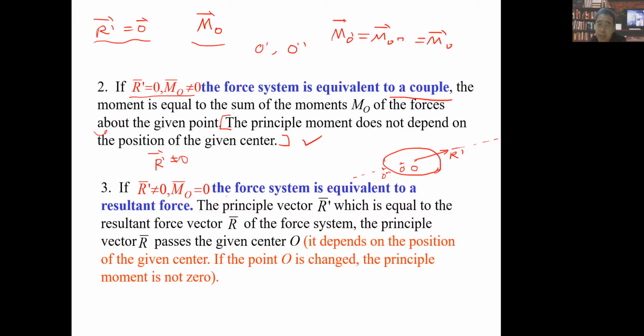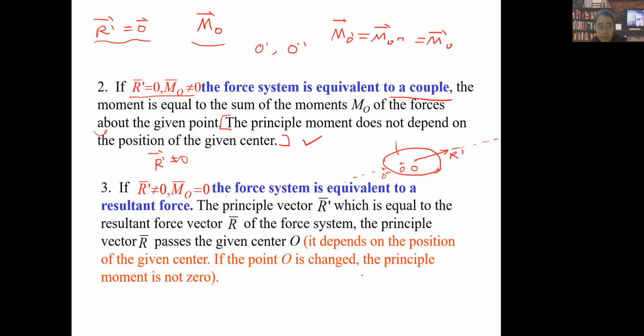And according to the theorem we have learned, under the rigid body assumption, a force can freely move along its action line without changing its effect on the body. So the resultant force of this original force system will pass through this point O.